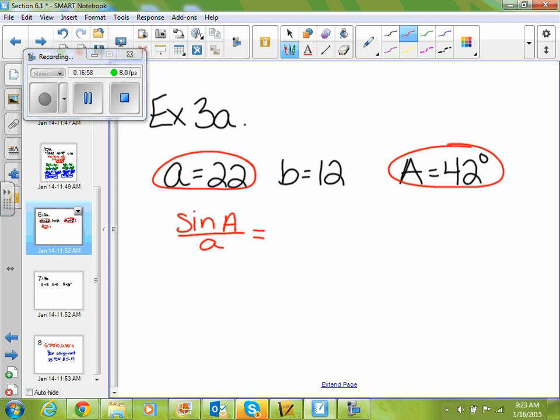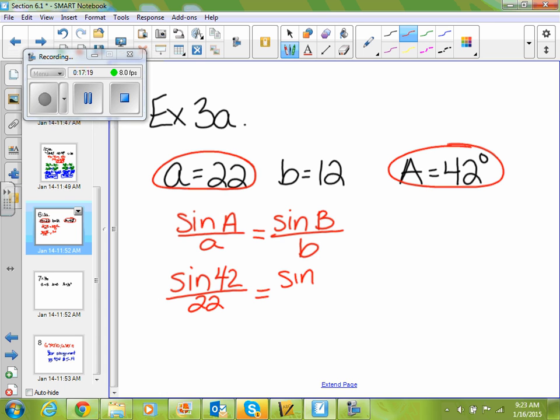First thing that I'm going to do is find my sine of B over B. This will give me angle B, because sine of A means sine of 42, and side A is 22. Sine of B is what we don't know, but we do know side length B is 12.